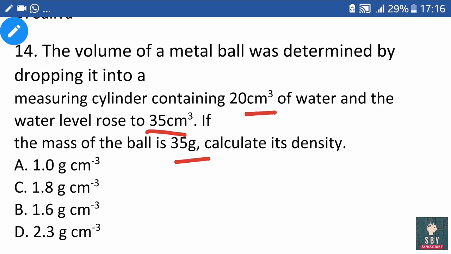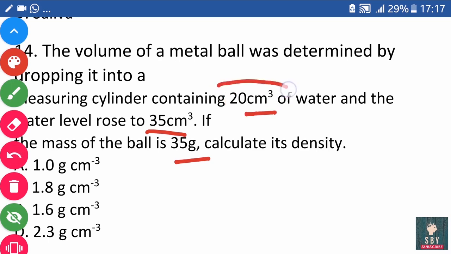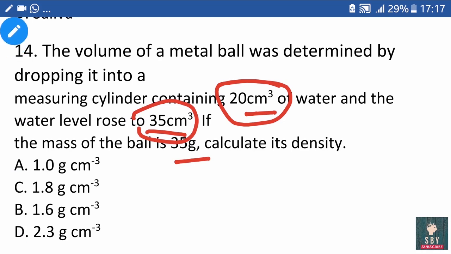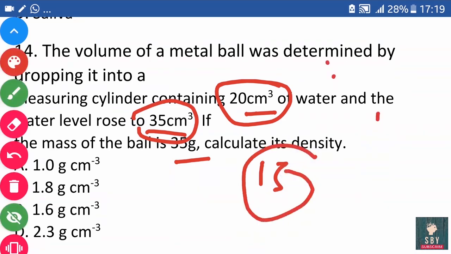Now, what you were given here is not the volume of the ball. In the determination of the volume of an irregular object, you need to dip it into liquid and then measure the change in the volume of the liquid. So to get the volume of the ball, we are supposed to subtract the initial volume, which is 20 cm³, from the final volume, which is 35 cm³. So 35 minus 20 is going to give us 15. So this is the volume of the ball.